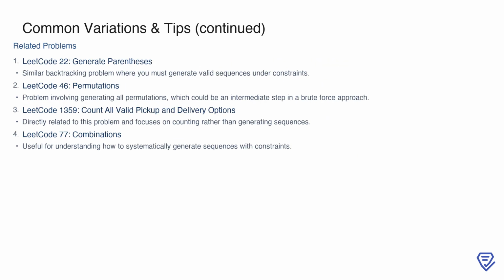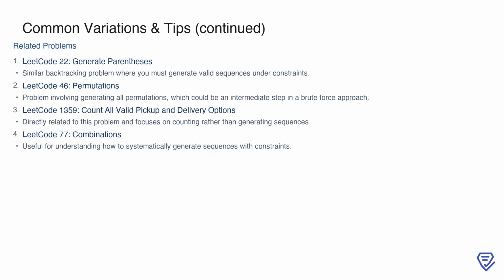This problem also connects to several related problems, which can provide valuable insights in practice. For instance, LeetCode 22, generate parentheses, is another backtracking problem where you must generate valid sequences while adhering to constraints. Similarly, LeetCode 46, permutations, involves generating all permutations, which might be an intermediate step if you're exploring a brute force approach.